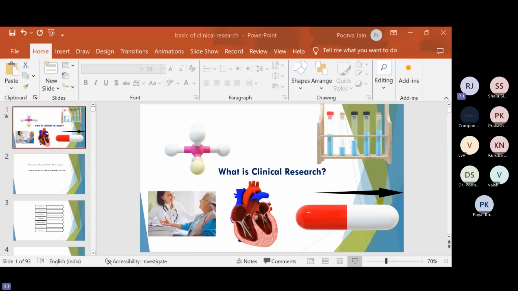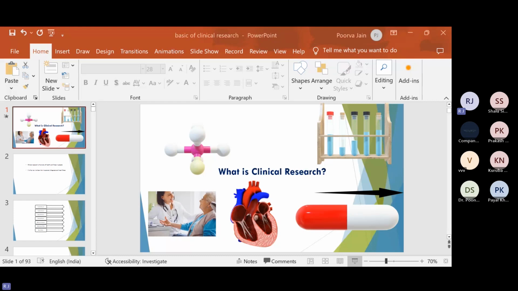And the last one is genetic studies. With the name itself, you can understand we are trying to identify the genetic link with the disease. So these are the different types of clinical research studies that are performed in the real world.